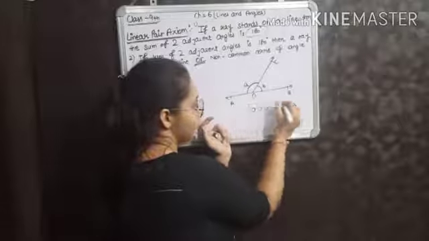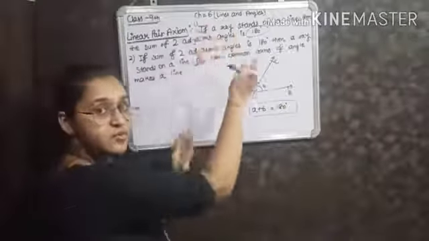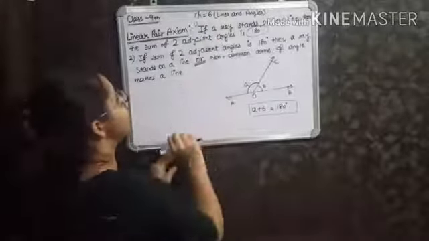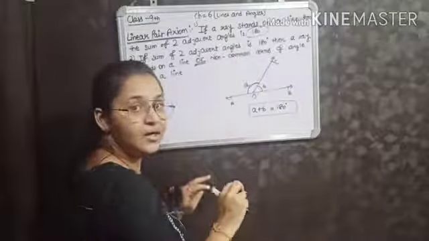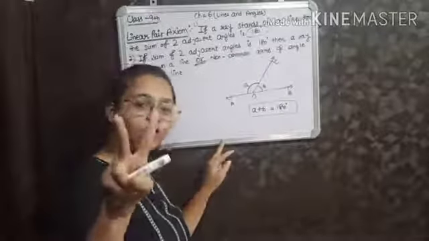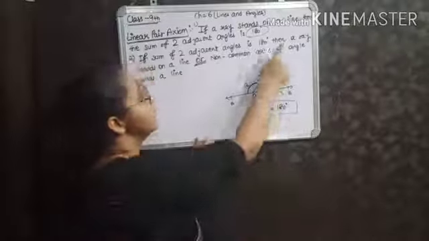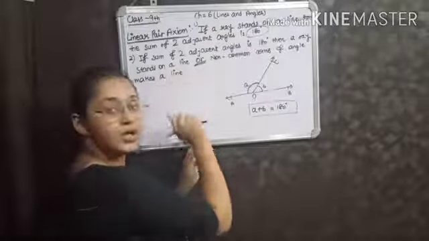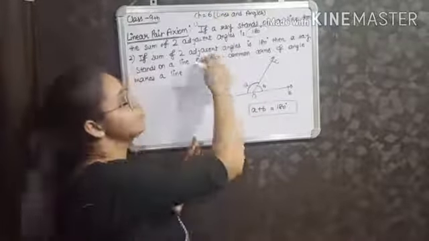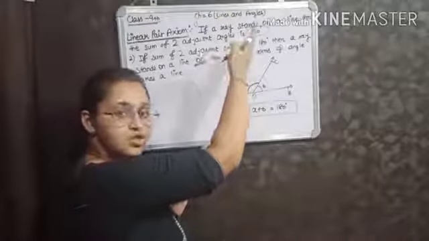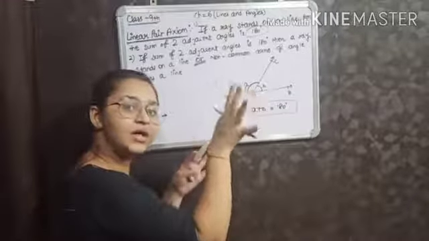Now, what about the second part? The second part is the converse. Converse means opposite. You can say that if the sum of two adjacent angles is 180 degree, it means if you have two adjacent angles and the sum is given to be 180 degree, then a ray stands on a line. It means we are moving in the opposite direction. First we had a ray standing on a line, then the sum of these adjacent angles will make a sum of 180 degree.